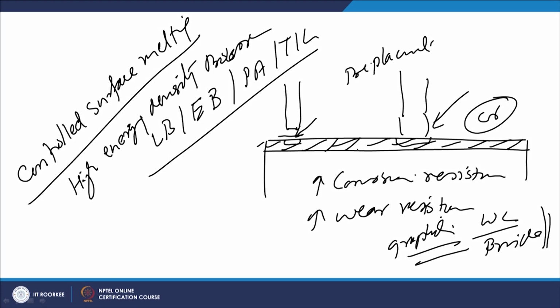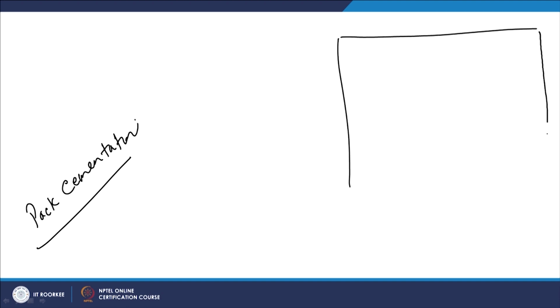Then there is another group of processes which are called pack cementation. Where the material enriched with the required element like chromium, aluminum, silicon, etc. So, these are the various elements.